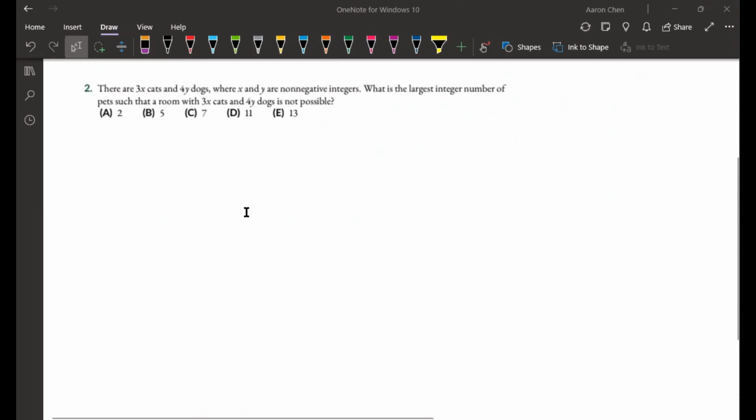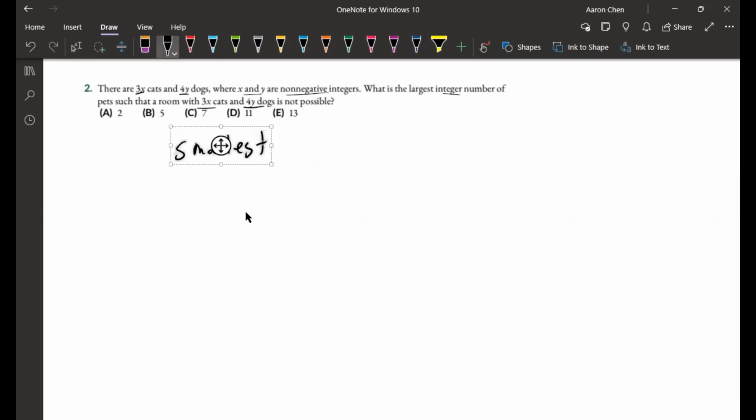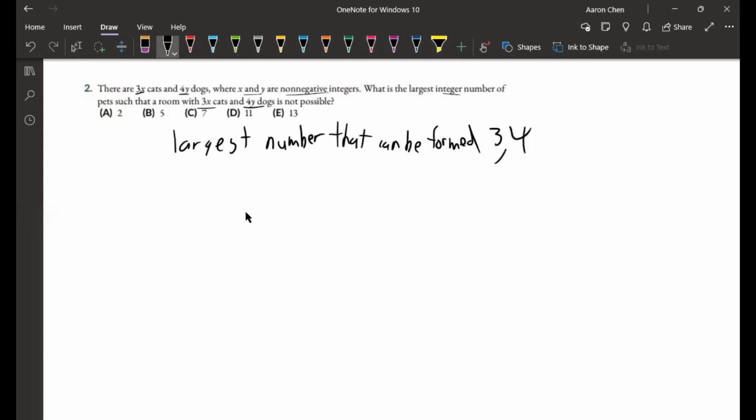We have 3x cats and 4y dogs, where x and y are non-negative integers. What's the largest integer number of pets such that a room with this many pets is not possible? Basically this is asking for the largest number that cannot be formed by adding 3s and 4s.